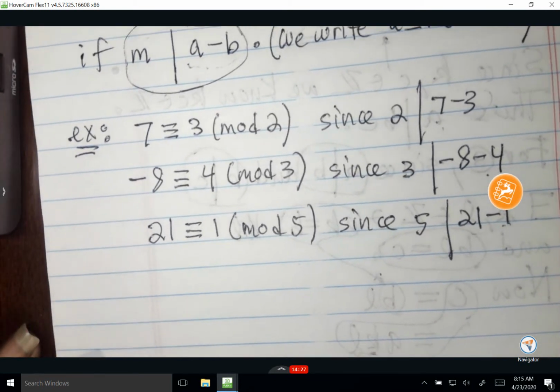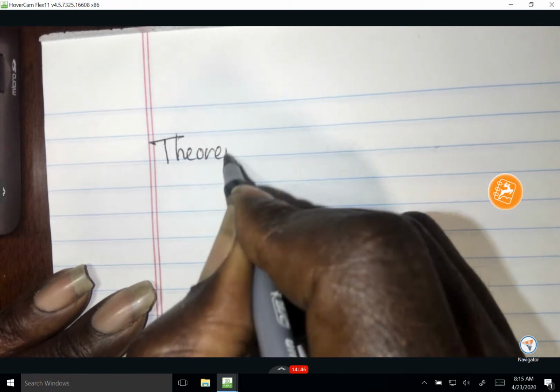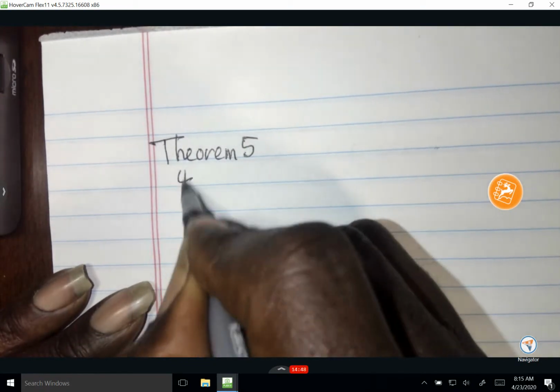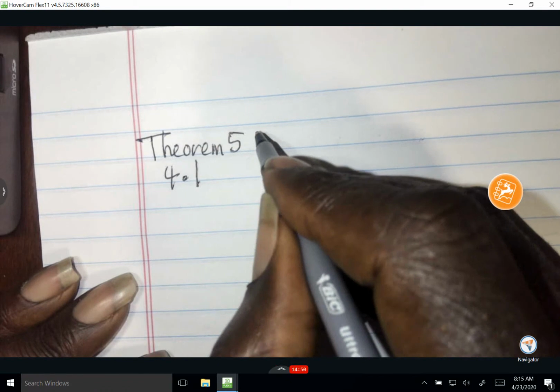Okay? So let's try to prove a theorem. I don't know what the number of this is. I think it's theorem 5 in the book. I think it's theorem 5.4.1. Goes like this.